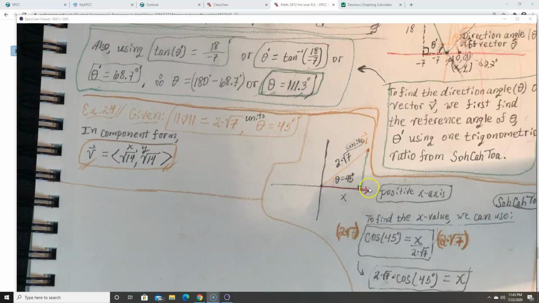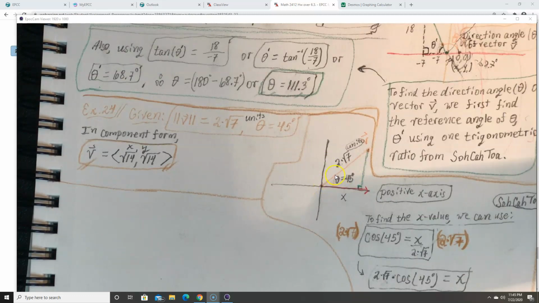So that's what I attempted to draw here. Origin, standard positive x-axis, turn positive 45 degrees. That's halfway from here to here, of course. There's your 45 degrees.